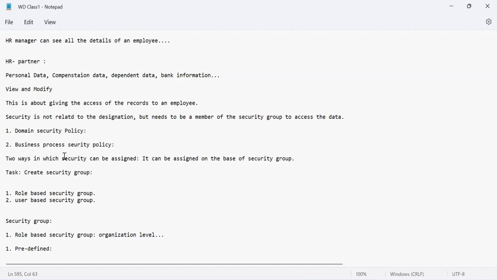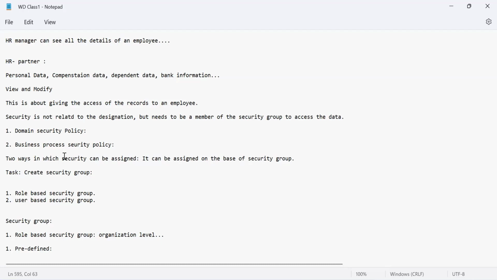All the permissions that you have given are on the security group. So directly the role is now a part of the security group, so all the permissions will be inherited by the role. And once that role is assigned to an employee, the employee indirectly becomes a member of the security group.